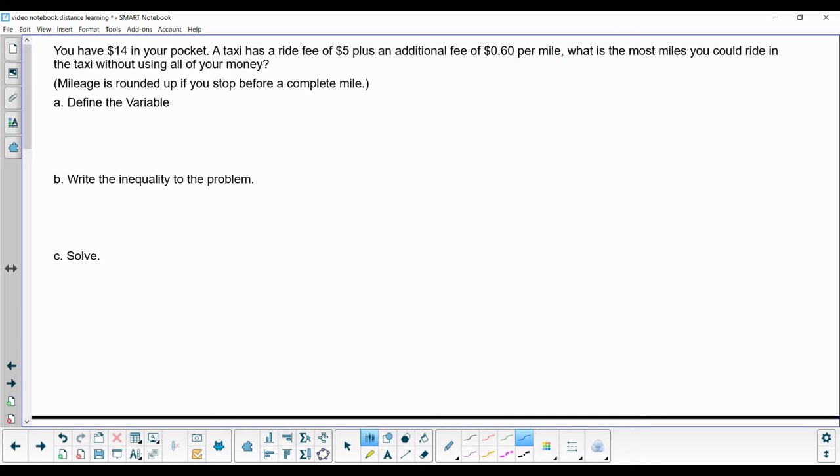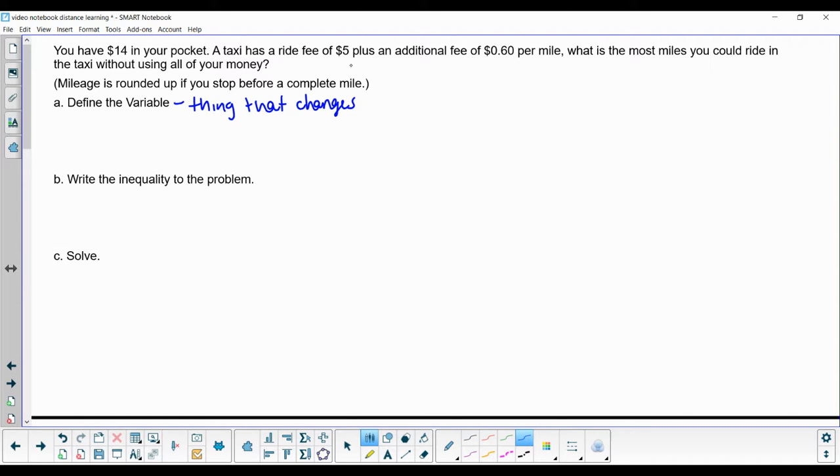Part A says define the variable. So now I need to go back and think about what's changing, because the variable is the thing that changes. What is it in my problem that's changing each time? Is my $14 changing? No, that stays the same.